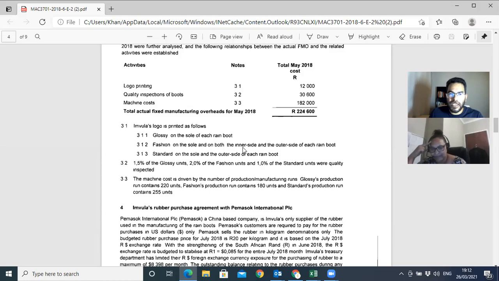So it's the sole, inner side, and outer side, right? Yes, that is 3 per boot. So that means it's 6 per pair.